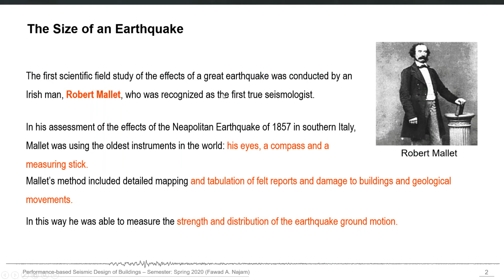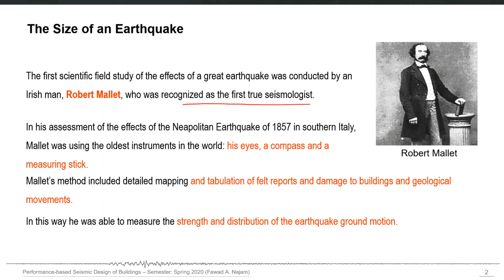The first scientific study of the effects of a great earthquake was conducted by an Irishman, Robert Mallet, who was also recognized as the first true seismologist.